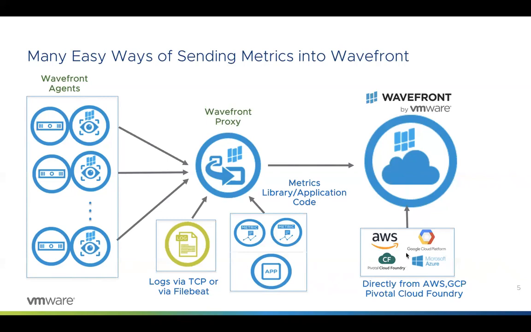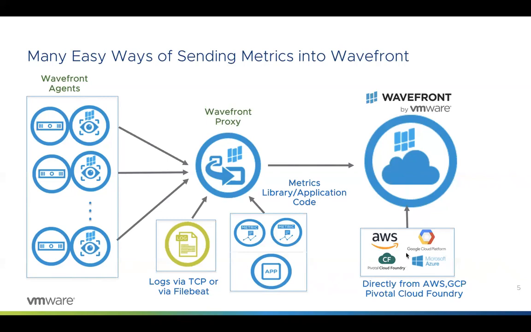We sometimes would use the log files located in some shared directories where the Wavefront proxy can crawl them, collect them, parse them, and send them to Wavefront automatically. We can have application code instrumenting the creation of the metrics.